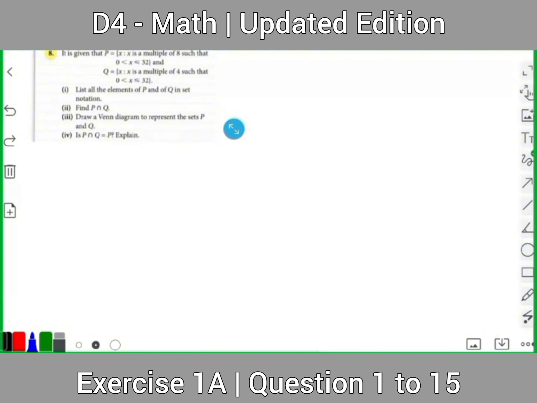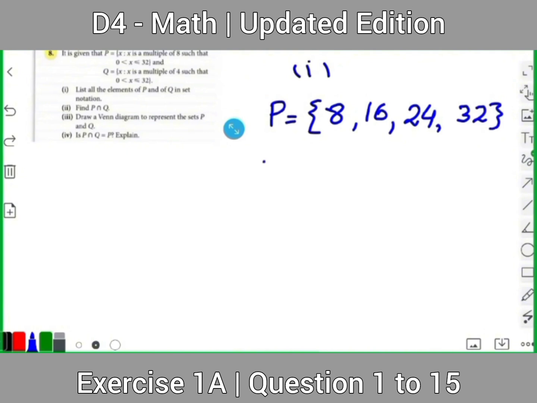So for part 1, we have to find the numbers greater than 0 and less than or equal to 32 which are multiples of 8. In this case, we just need to remember the table of 8. So 8 ones are 8, 8 twos are 16, 8 threes are 24, 8 fours are 32. So we are done. Now for Q, we have to find the multiples of 4 such that X is greater than 0 and less than or equal to 32.